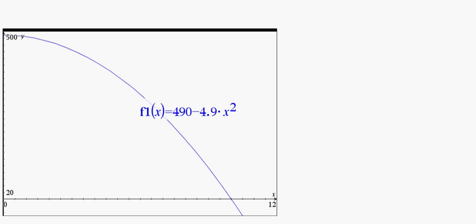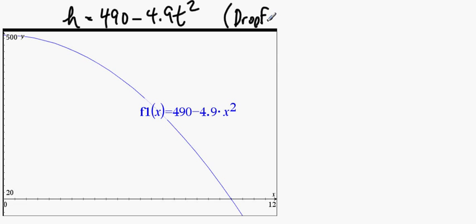So let's imagine, if we can, that the height of a ball at some time t is given by h equals 490 minus 4.9 t squared. This assumes a couple of things. It assumes that we drop the ball. Oh, that's terribly sloppy.